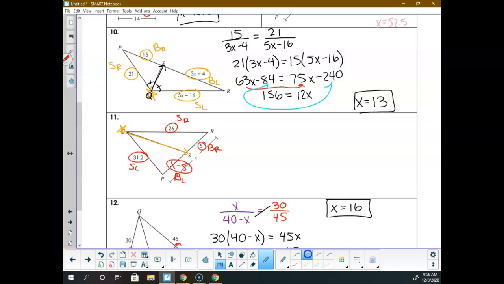So when I go to set up the ratio, it's 5 over x minus 5 equals 26 over 31.2. All right, we want to try that one again, kind of on our own.